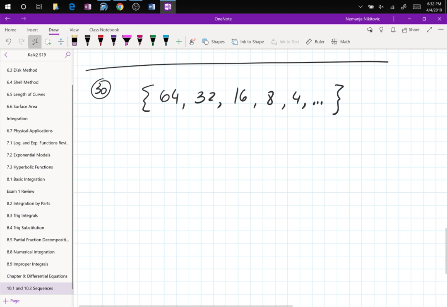Everything in there is divisible by 8. 4? Well, 2 divided by 4 is 8. What is it, 2?